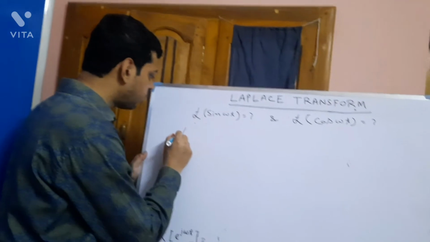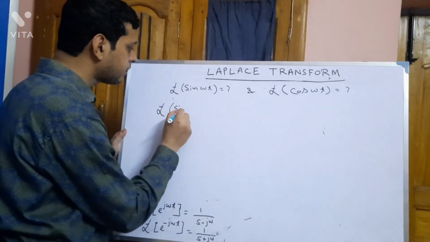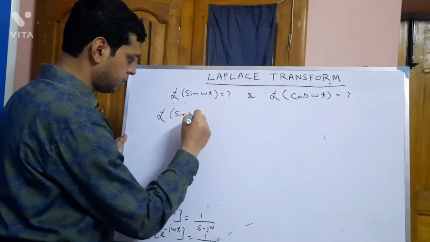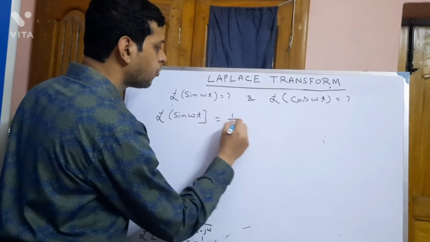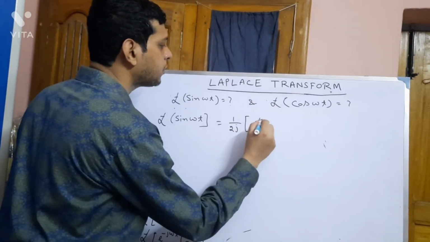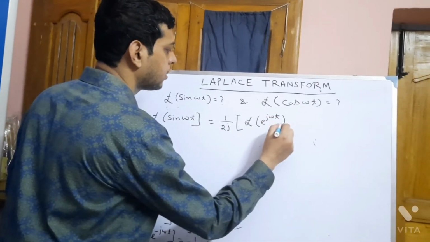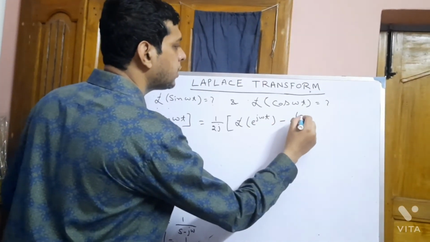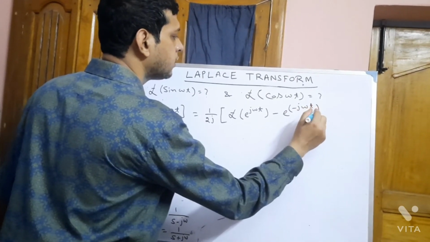Okay, and the Laplace transform of sin omega t will be 1 by 2j into the Laplace transform of e to the power j omega t minus e to the power minus j omega t.